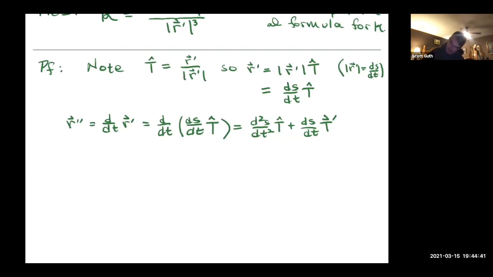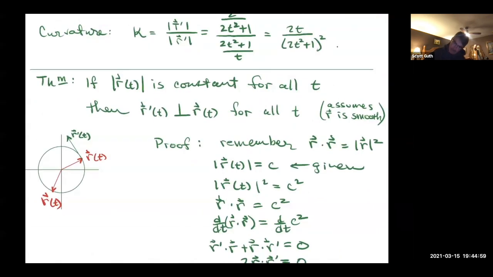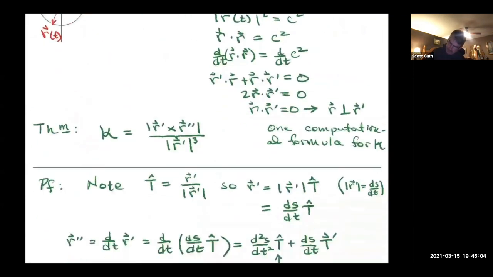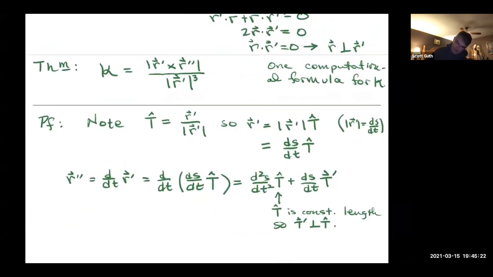I want to note that T is a unit vector, so it has constant length. We just proved in this theorem up here that if we have a constant length, then its derivative is perpendicular to the vector. So here I can say that T prime will be perpendicular to T. Now I want to show you r prime cross r double prime. I'm building up this expression for kappa here.